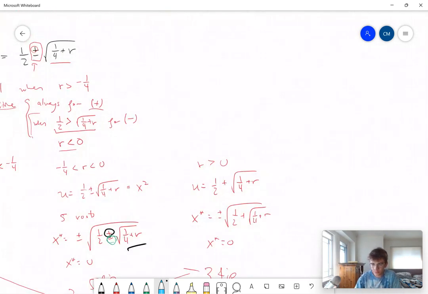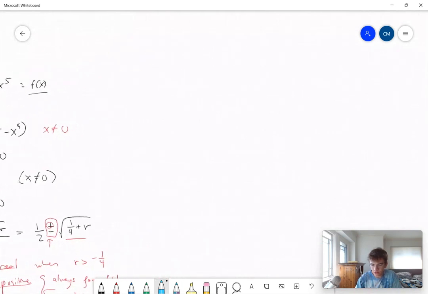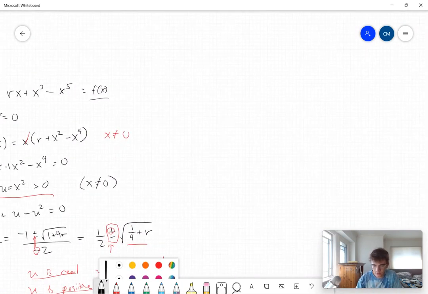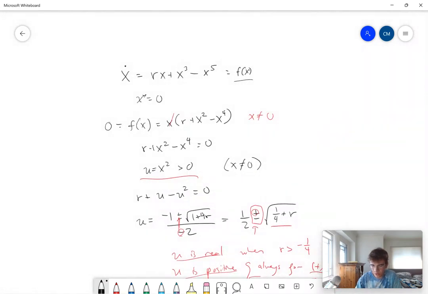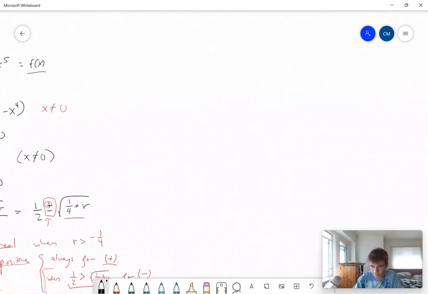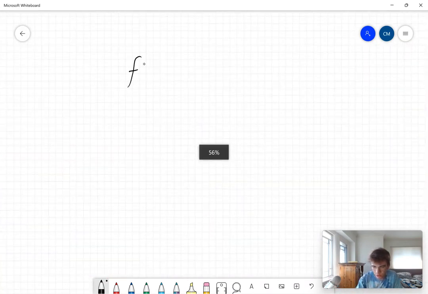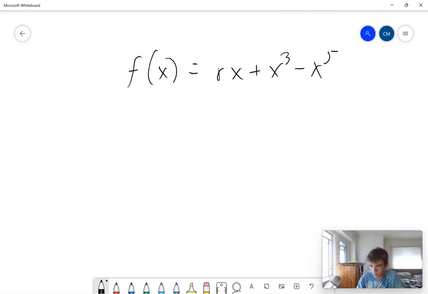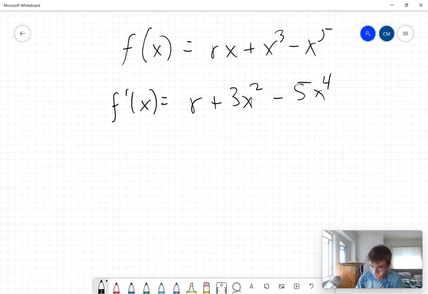Okay, so what I'm going to do is a stability analysis by plugging in values for f prime of x. All right. So first of all, f of x is rx plus x cubed minus x to the fifth. So f prime of x is just r plus 3x squared minus 5x to the fourth.